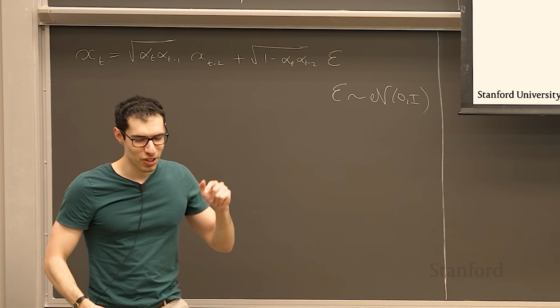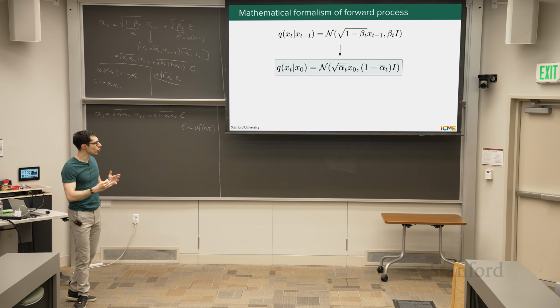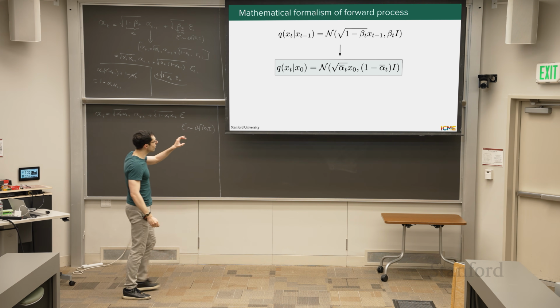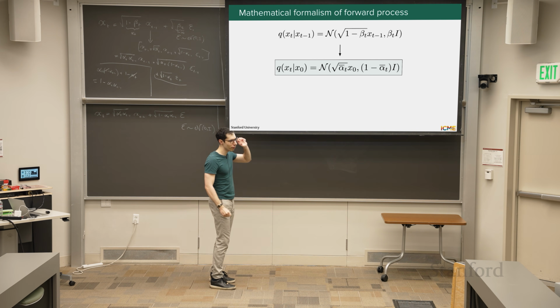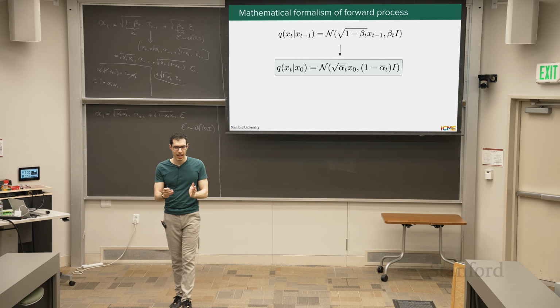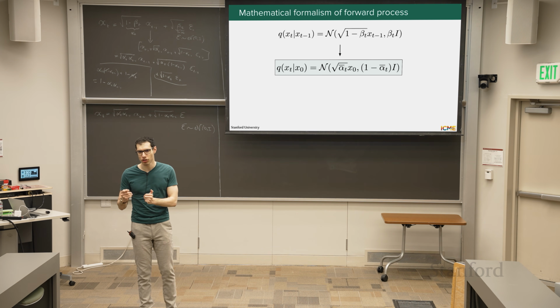This sketch of a proof is just a way for us to prove that you can actually cascade these things up to 0. And therefore, you can have an expression of the noisy image at step t as a function of the clean image at step 0.